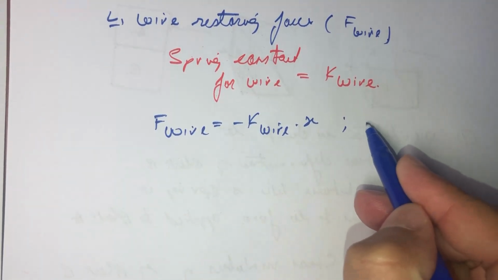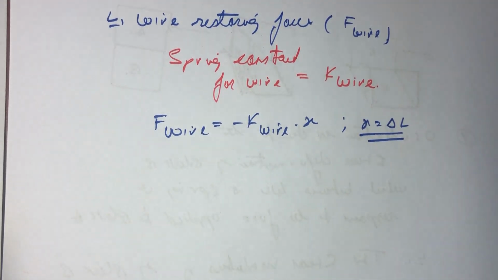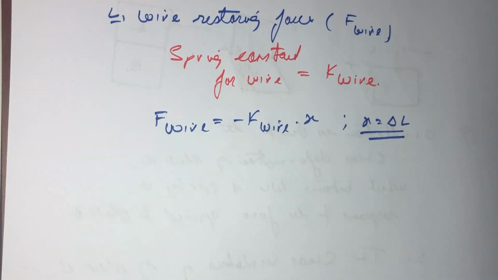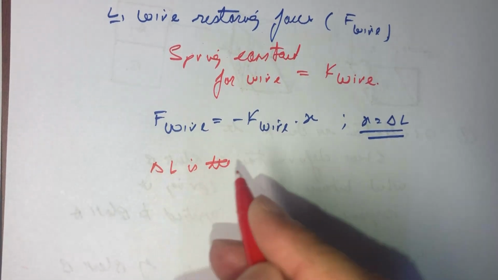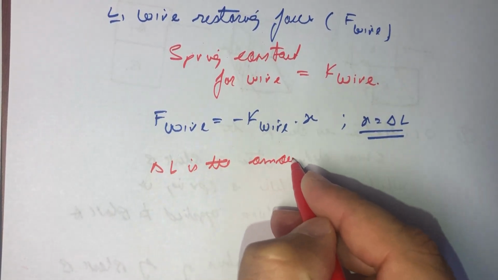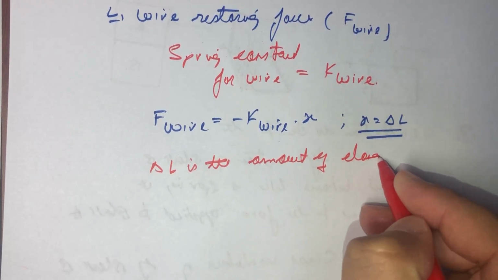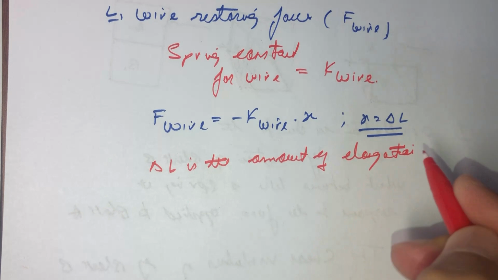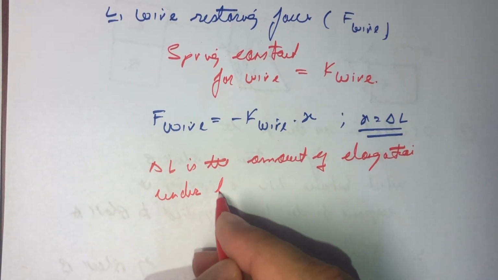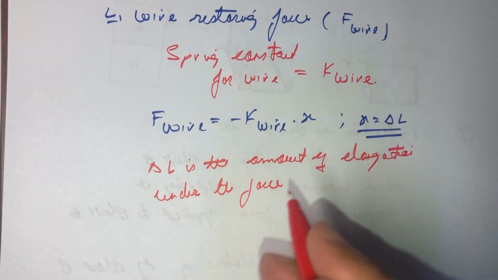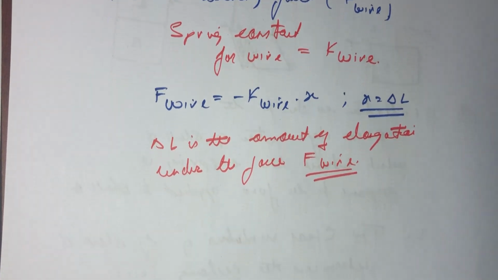So for the wire we take this X as delta L, where delta L is the amount of elongation under the force F wire.